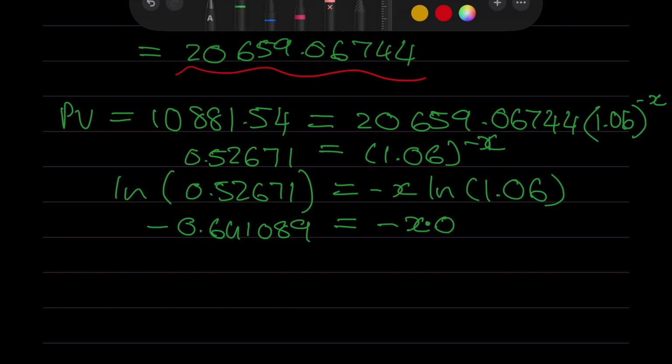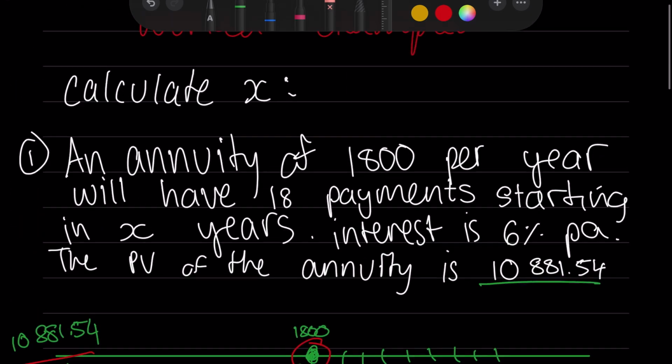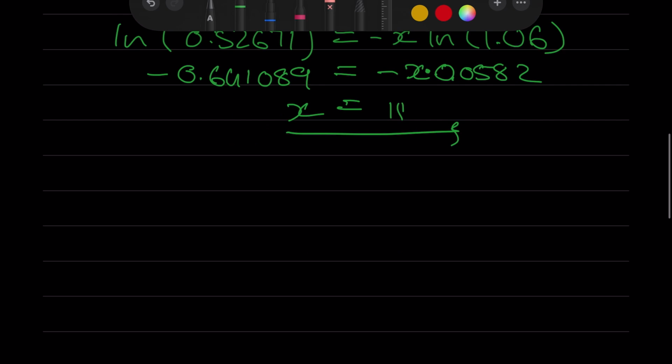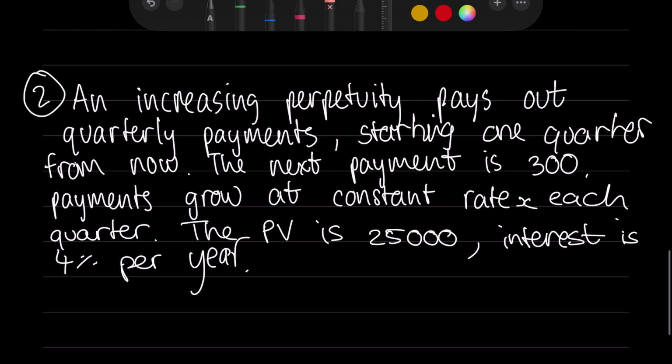So when we calculate for X, it's going to be 11.000 something. So we'll take it as 11. So X is 11 years. The question said calculate X. So we're deferring this annuity for 11 years. Hop into the next question.